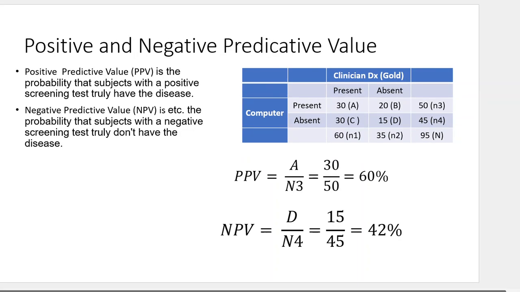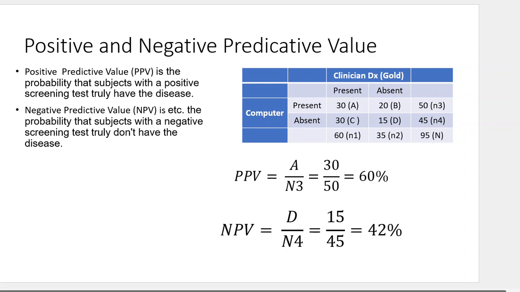Now, related to sensitivity and specificity is a concept of positive and negative predictive value. This is a little bit more precise. I'm not going to go into great detail about it. I would just know the difference and know that it has a different formula.